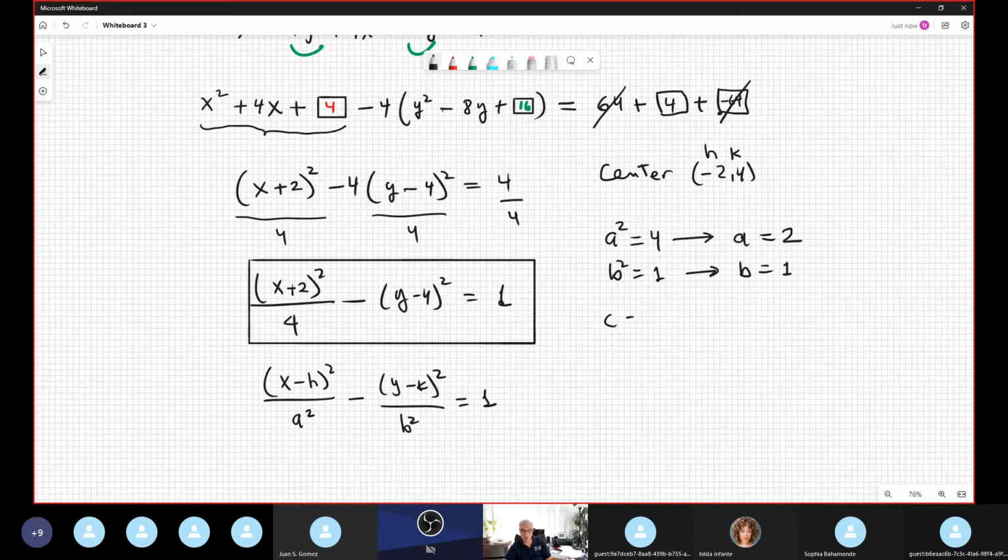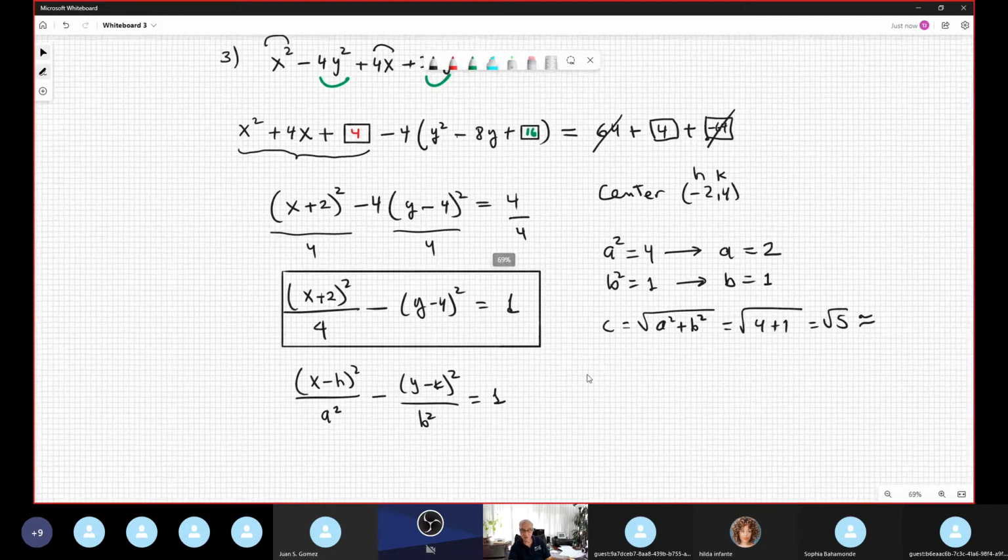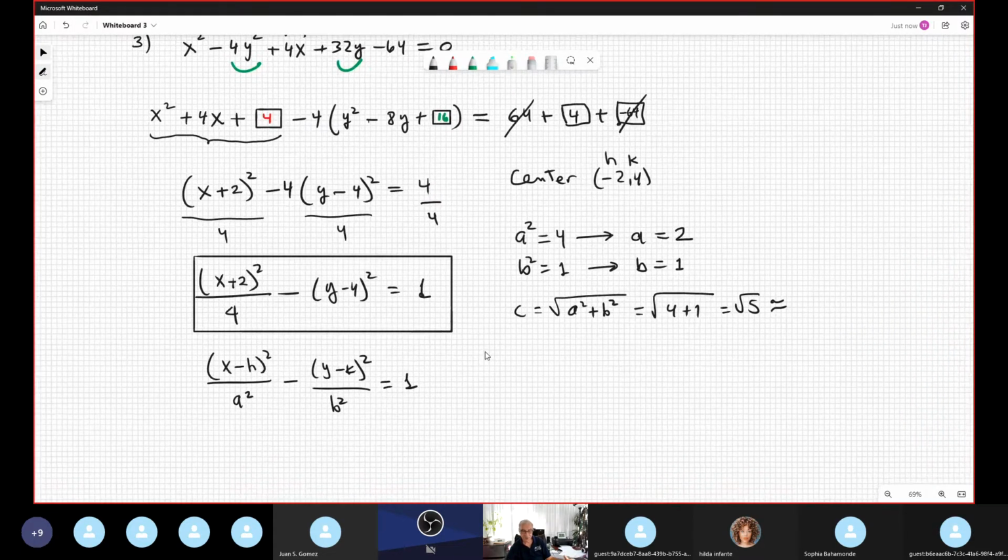C is the square root of a squared plus b squared. Entonces es square root 4 plus 1. Okay, fine. Square root 5, and the square root 5 is an irrational number, but the decimal approximation to have a rough idea is 2.22.